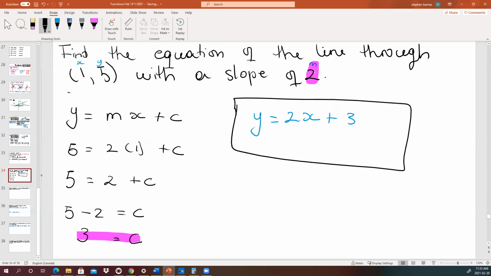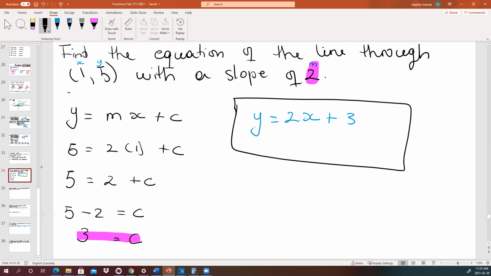Whatever value you put for x, the gradient is always going to be 2, and the y-intercept is always going to be c. So this is how you would write your answer. This is the equation of the line: y equals 2x plus 3.